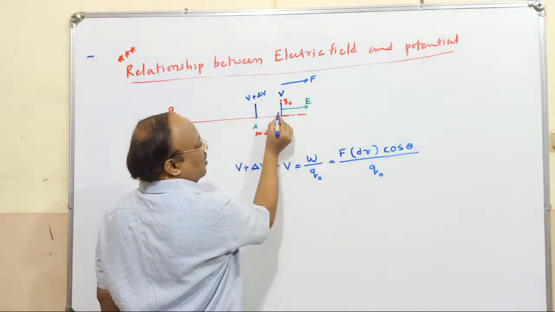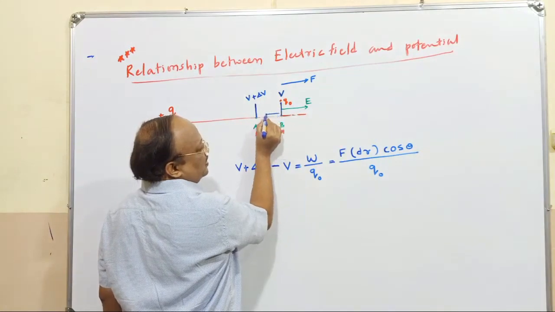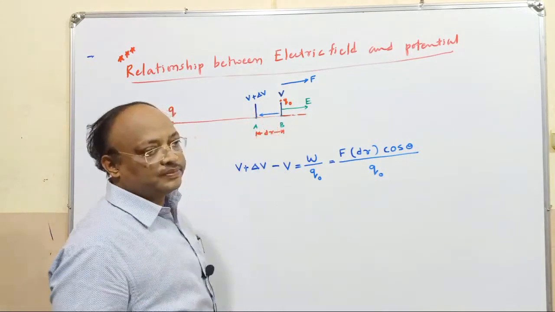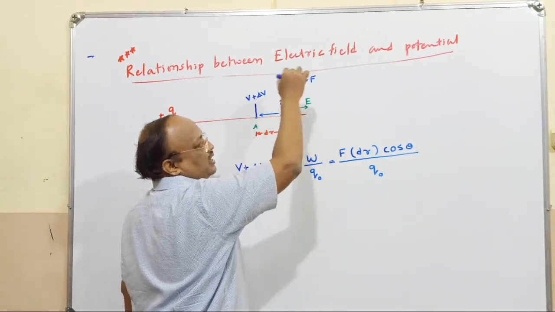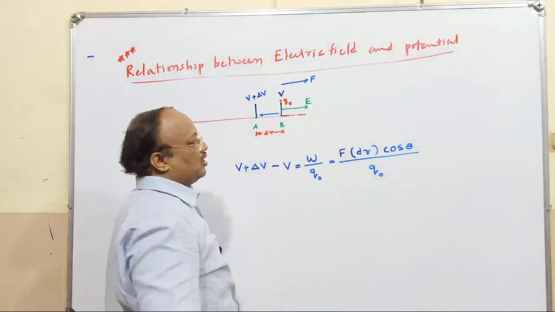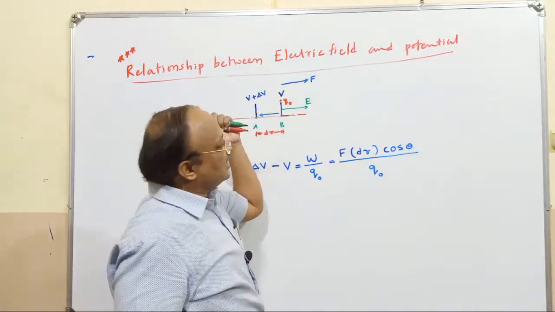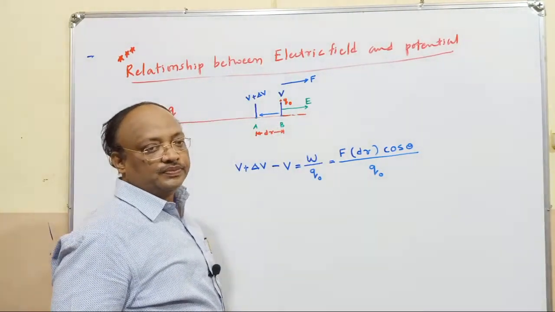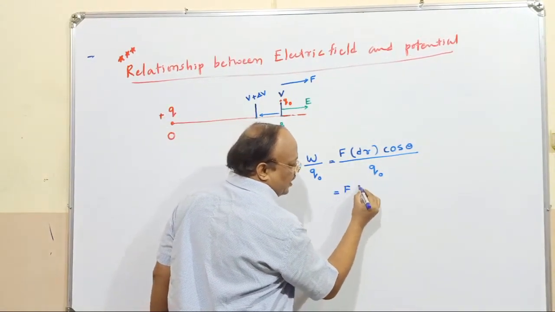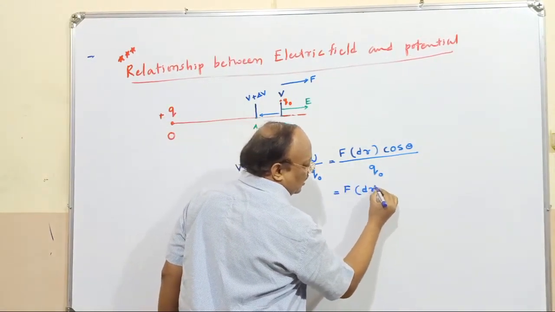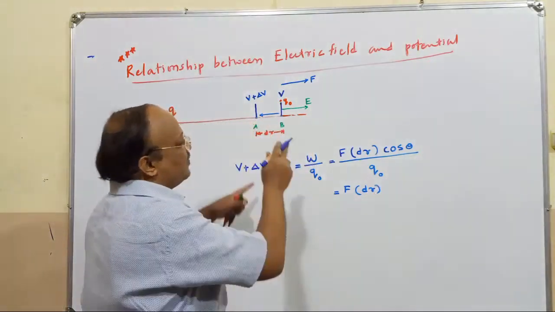And how is our displacement? Our displacement is in this direction, whereas the force due to the electric field is in this direction. So what can I write? F into dr. What is the angle between these two?